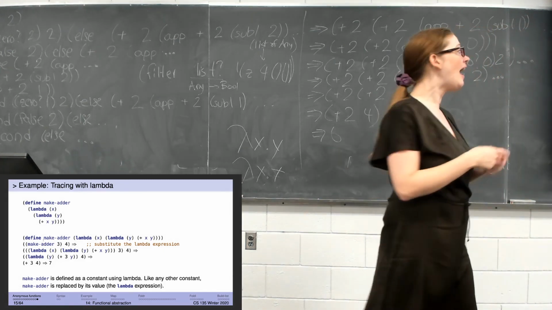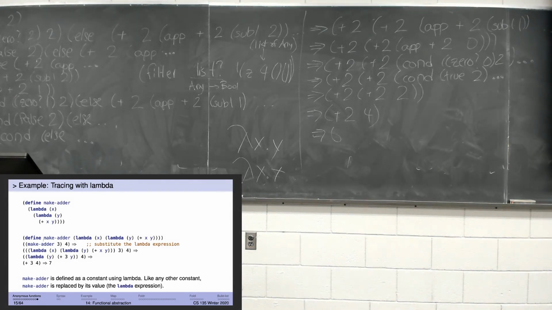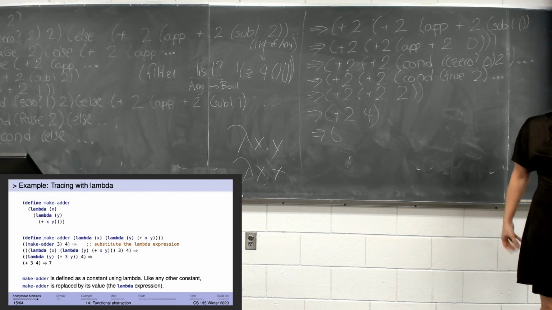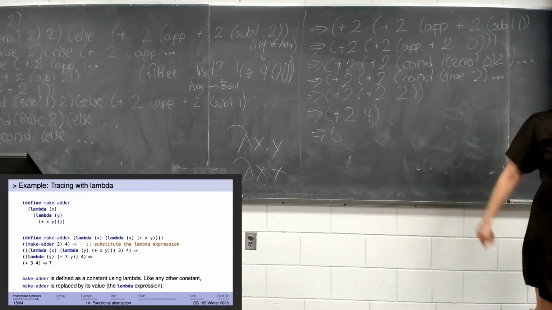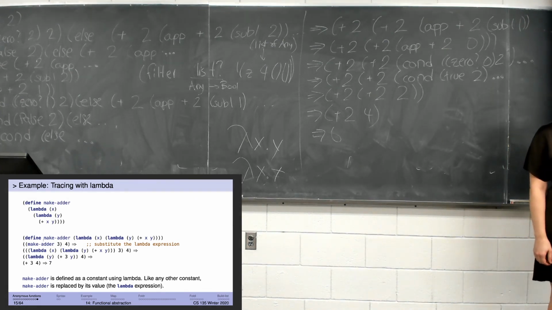And then, after that, in the next step, we see, oh, here is a value being applied to this unnamed function. It's the same rules as normal. Now the function just doesn't have a name. So I'm going to substitute the 3 in for all the x's, drop the lambda syntax, and shove up the body. So I replace 3 for x, and there's the body of that exterior lambda.